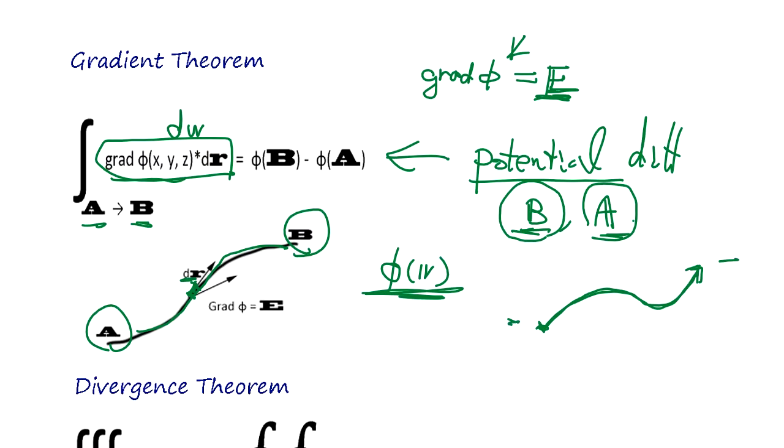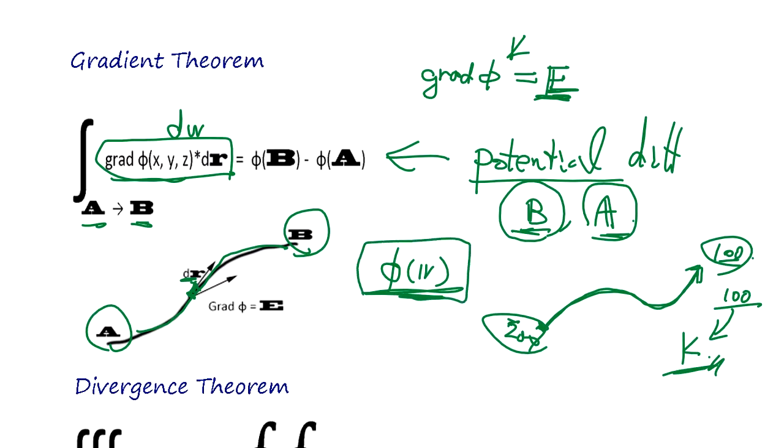For example, potential energy is 200 here and 100 there, so we know 100 potential energy is consumed and changed to kinetic energy. When we have a potential field, we can calculate, by taking a line integral, the difference of the potential energy between two points. So that's the gradient integral theorem.